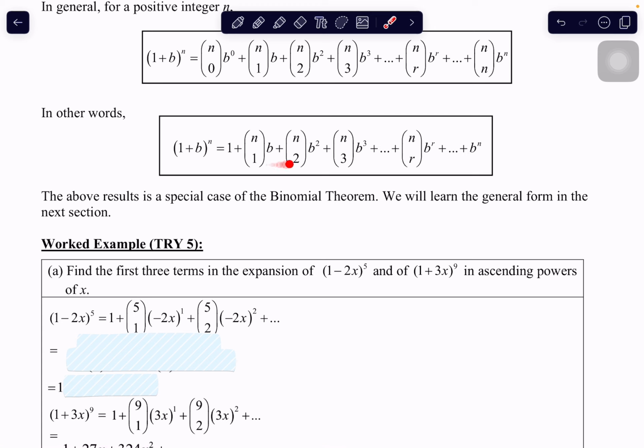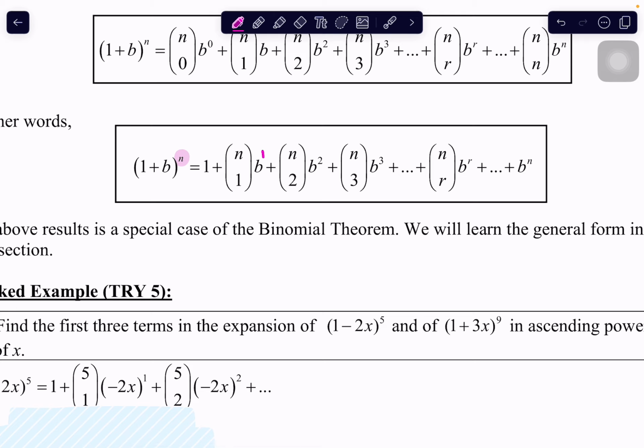I'm just going to briefly go through. If I have (1 + b)^n, where n is a positive integer, the first term will be 1, plus n choose 1 times b, where b is raised to the power of 1, plus n choose 2 times b^2, plus n choose 3 times b^3, and so forth.